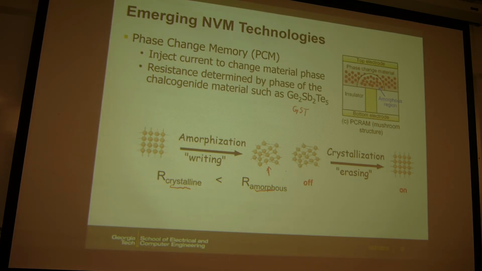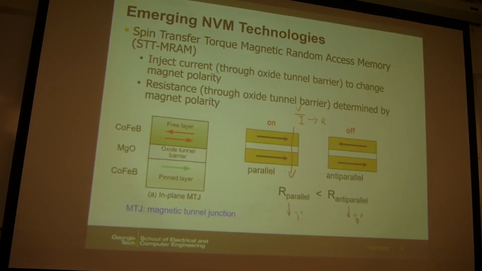So do you use this as a 0-1 binary representation, or can you read the voltage out of this, like an analog computation? Yeah, we will discuss that in more detail. For all those memories, not all of them, let's say, the STT-MRAM is just 0 and 1 because the on-off ratio is so small. So it's only 2.